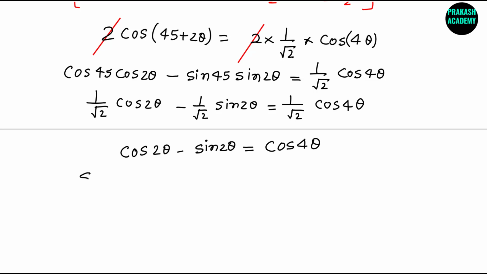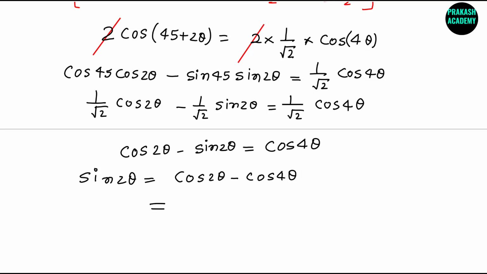So I can rewrite, that is sin 2 theta equals cos 2 theta minus cos 4 theta. That is cos C minus cos D. So we can again use the formula cos C minus cos D, that is 2 sin (C plus D by 2) into sin (D minus C by 2).